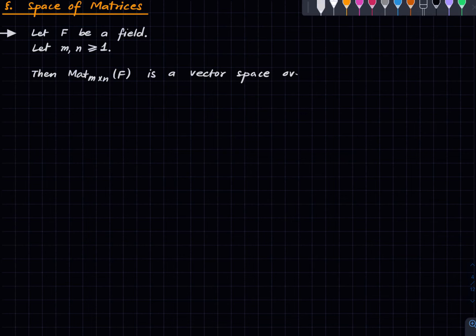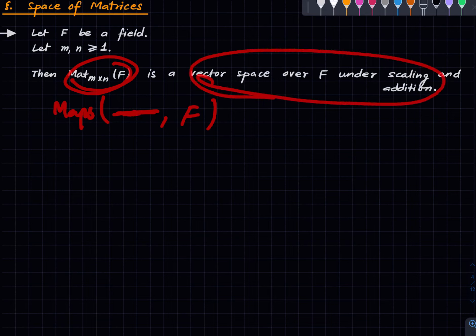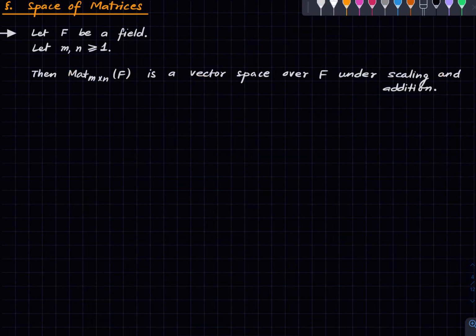Vector space over F. Okay. So again, this is nothing new. Once you think of this as the set of maps from the cross of the first m and the first n integers, this is exactly the vector space structure that we have. So this is nothing new. This is not a new construction.